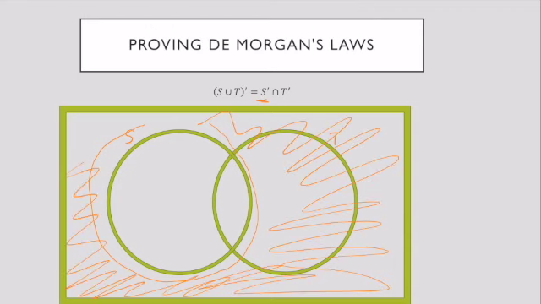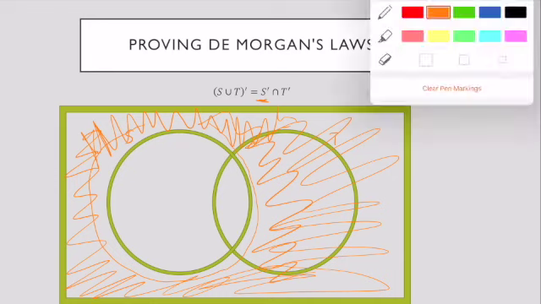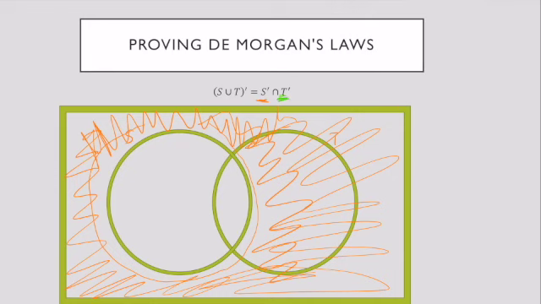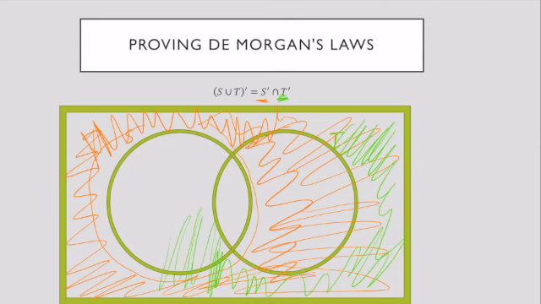And I definitely suggest you sketch these out to get a better feeling for it. So it's going to be all of this, everything not in S. And T prime is going to be everything not in T. So it's going to be all of this, everything over here.